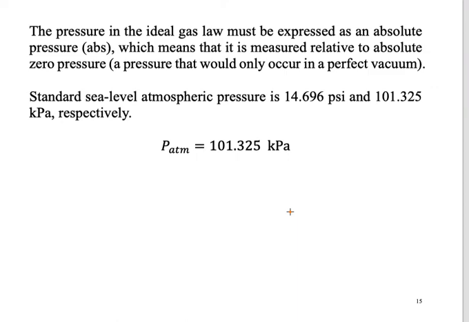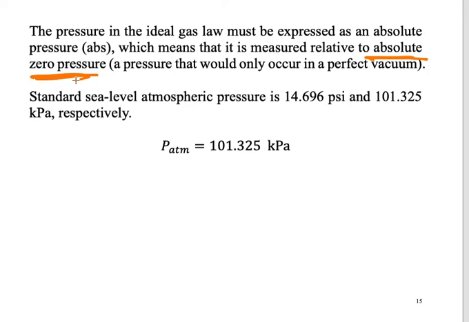The pressure in the ideal gas law must be expressed as an absolute pressure, which means that it is measured relative to absolute zero pressure. Absolute zero pressure is a pressure that would only occur in a perfect vacuum. If we do calculations on Earth's surface, we are surrounded by atmospheric pressure, so our pressure is equivalent to atmospheric pressure.